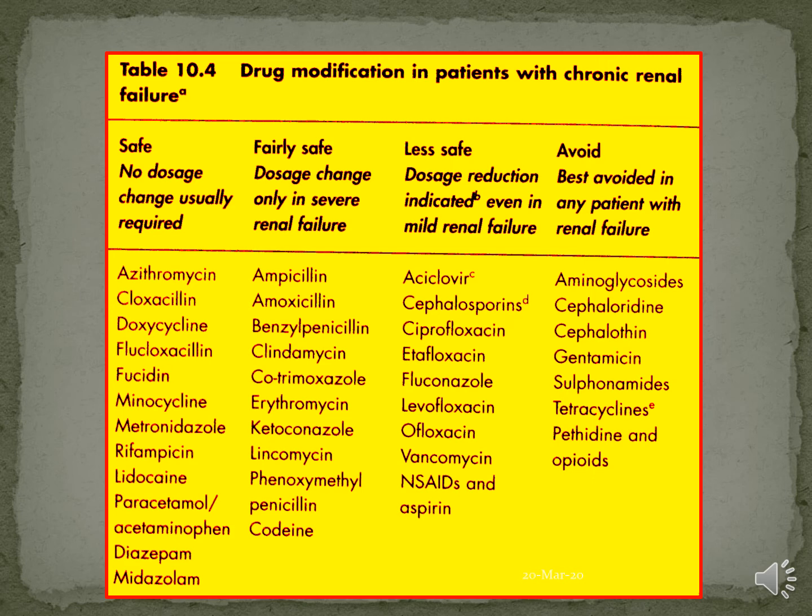Among the fairly safe drugs, in which the dosage change is to be done in severe renal failure, we have amoxicillin. Amoxicillin we commonly prescribe. This is where our physician's opinion is of big value, because the physician will assess the severity.